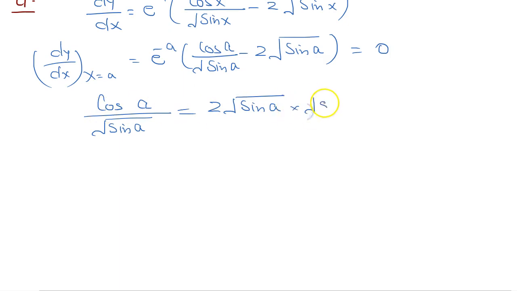Multiply both sides by root sin a, this and this will be cancelled. So cos a is equal to 2 sin a.